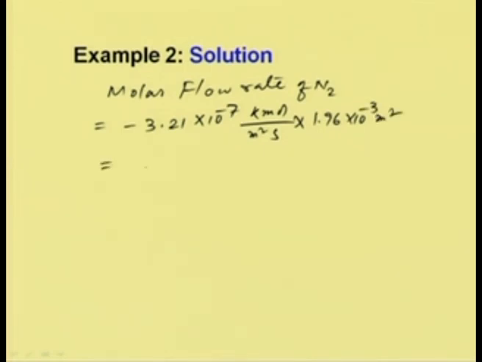So, it will be essentially the same value, but with a negative sign, which indicates that the flux is in the opposite direction compared to the carbon dioxide, in kmol per second.